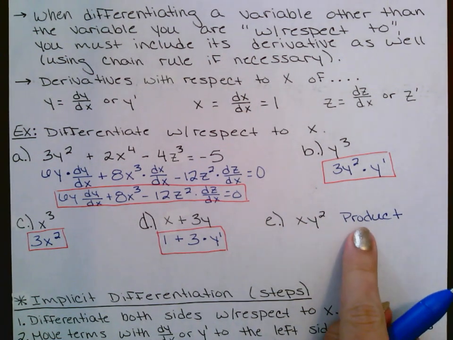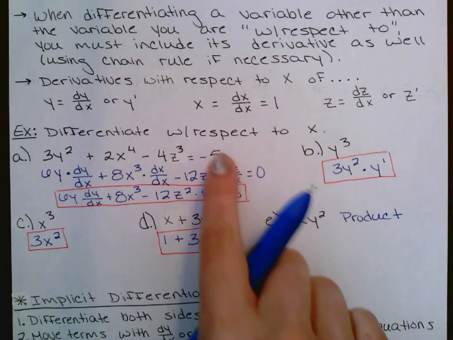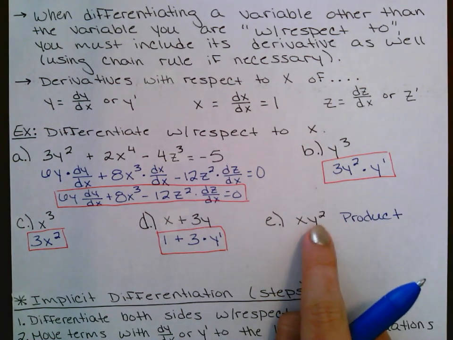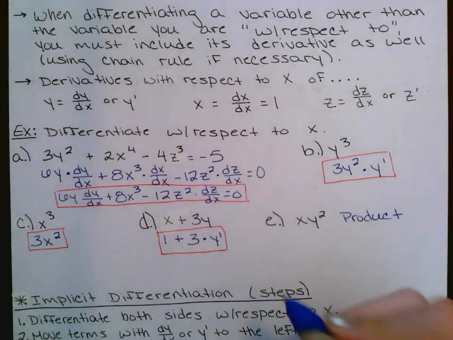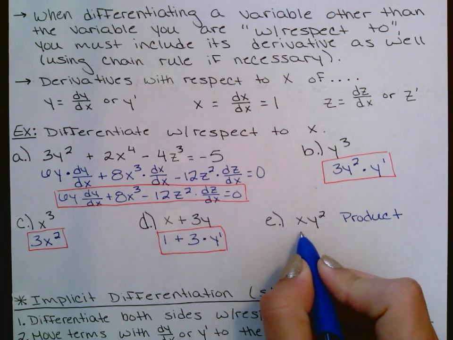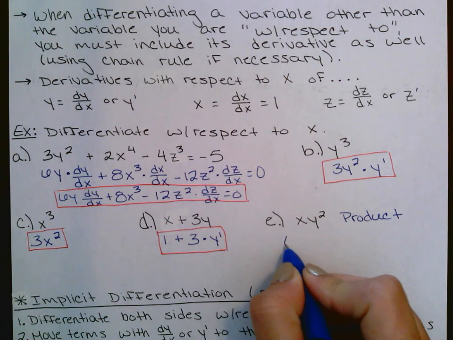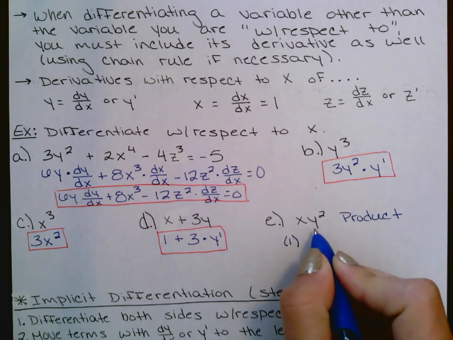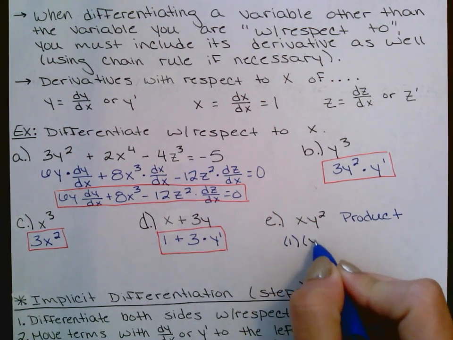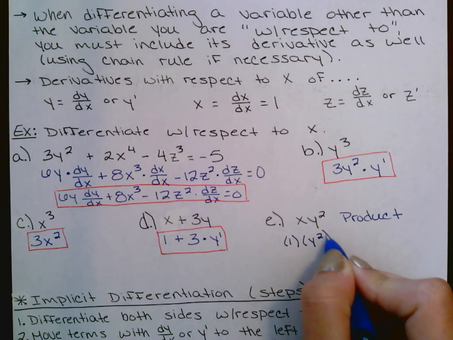I have product rule, and because I'm doing it with respect to x and there's a variable other than x, when I do the derivative of that variable, it will have to include implicit. So let's say product rule says derivative of the first, so derivative of x is 1. Rewrite the second. I'm not doing a derivative, so I don't have to do implicit.